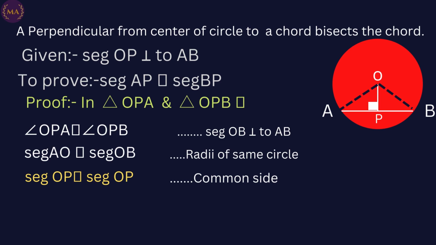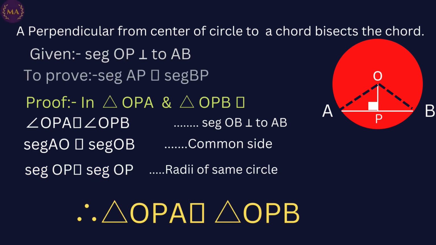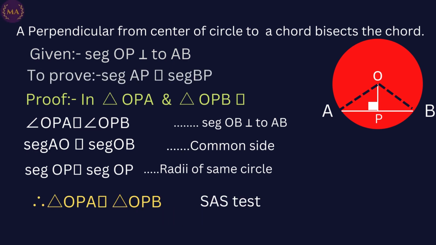Very nice. Okay, now we got three conditions: one angle, two sides equal for two triangles. So from this, what can we conclude? Yes, we will conclude that triangle OPA is congruent to triangle OPB. Very good. And what is the criteria to prove them equal? Very nice.